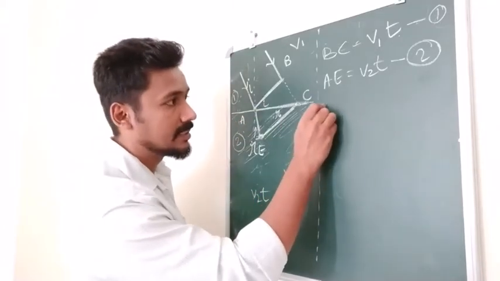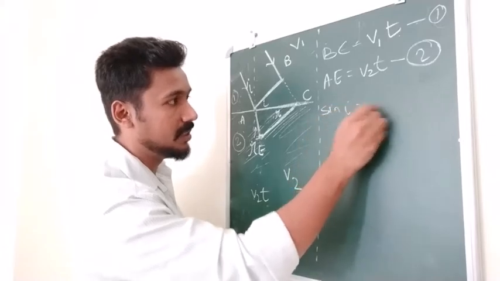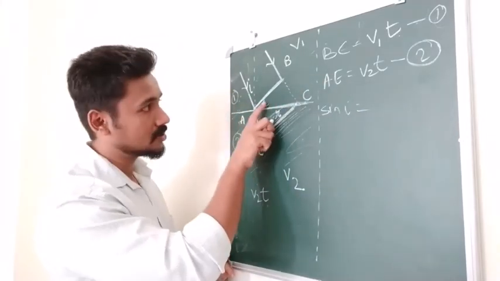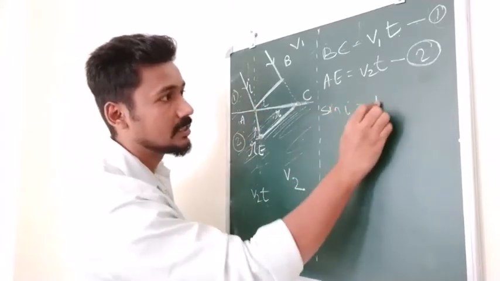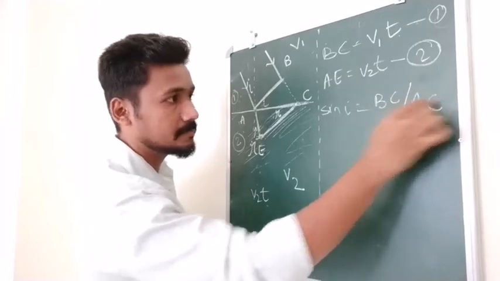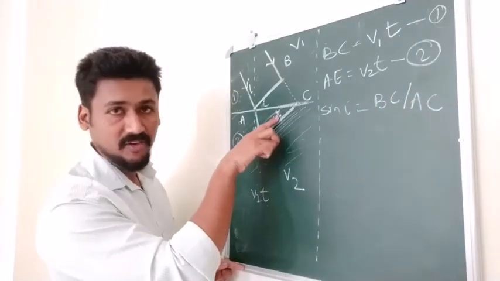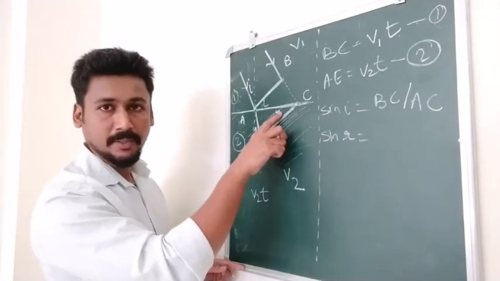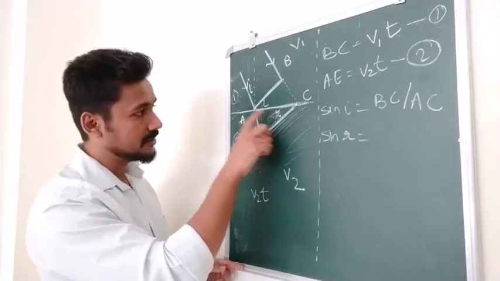So we know that sine of I will be equal to opposite upon hypotenuse. So what is opposite to I? BC. So it will be BC upon the hypotenuse, which is AC. Right. How much will be sine of R? Sine of R will be equal to, again, opposite upon hypotenuse. What is opposite?